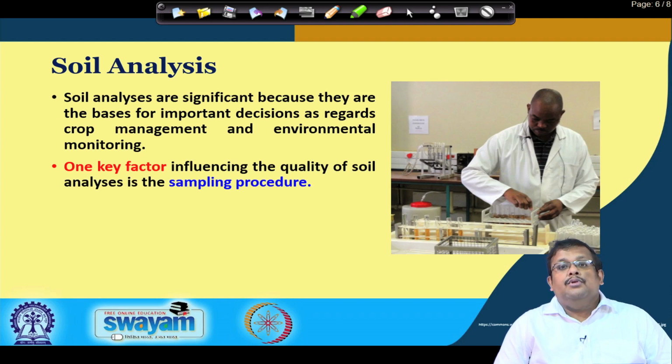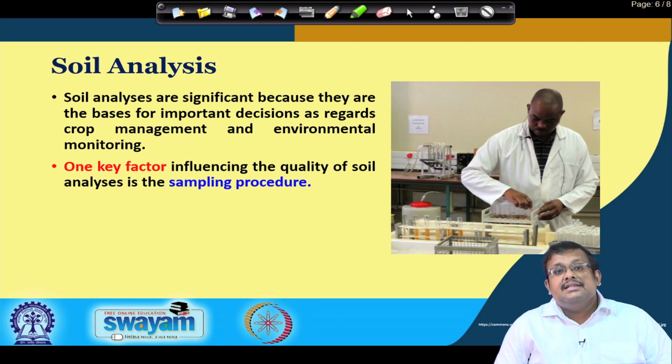So, to serve both purposes, you have to do soil analysis with sophisticated technologies. Remember, one key factor which influences the quality of the soil analysis is the sampling procedure and subsequent soil preparation. We are going to discuss them in detail in the next couple of slides.